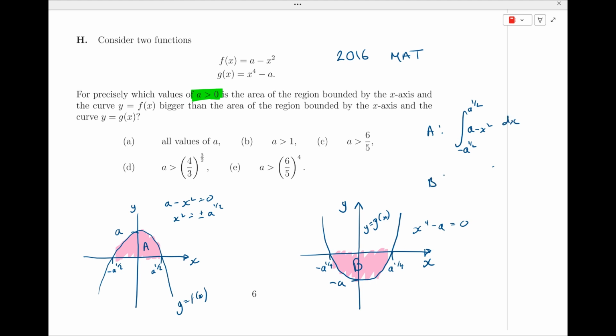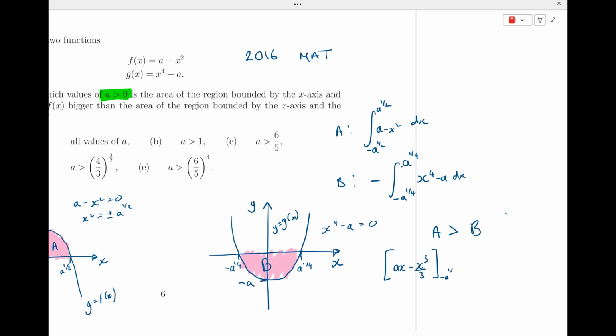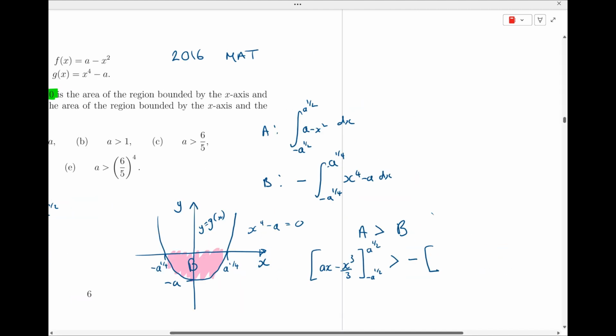But my area B is actually going to be the negative of the integral between minus a to the quarter and a to the quarter of x to the 4 minus a dx. And the reason for that is because this integral is going to give us a negative, and ultimately we want A to be bigger than B, which means we want ax minus x cubed over 3 between minus a to the half and a to the half to be bigger than the negative of, and be careful with this negative.